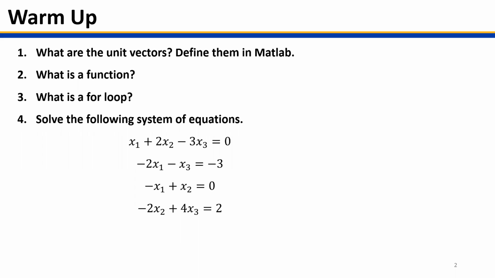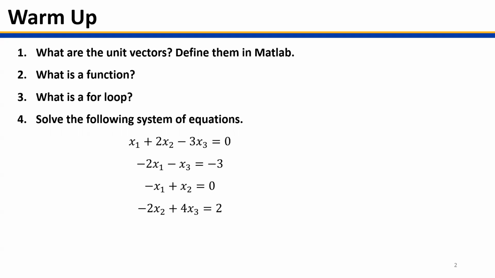So let's start off with a little bit of math review. So who can tell me what are the unit vectors? IJK, all right. Someone else want to add? So what is the length of a unit vector? 1.